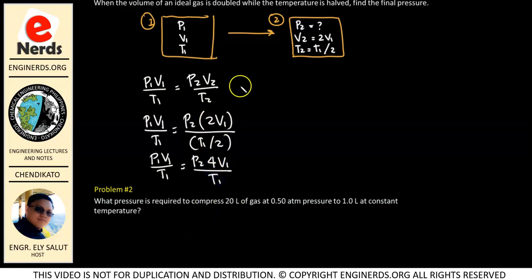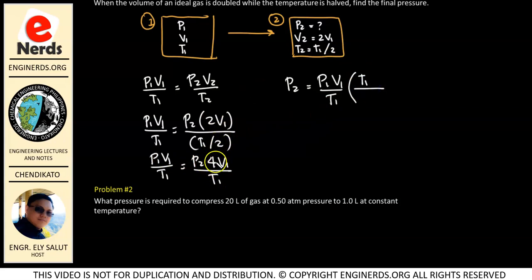Okay? So, our requirement now is to find our P2. Okay? So, let us isolate P2. So, P2 is equal to P1 V1 over T1. Okay? This is the one on the left side of our equation. Then, we will transpose the 4 V1 and T1. So, T1 will be in the numerator. So we have T1 here.